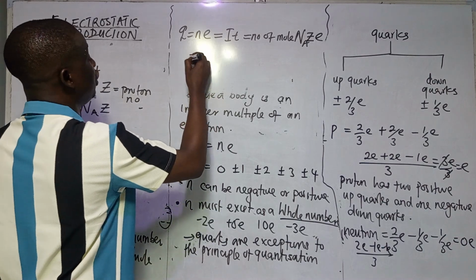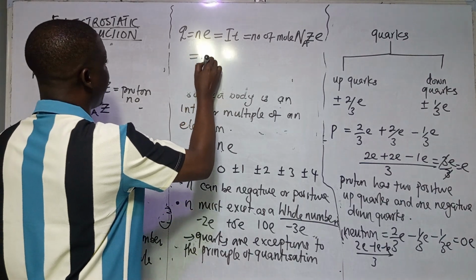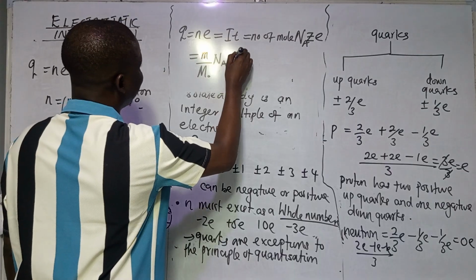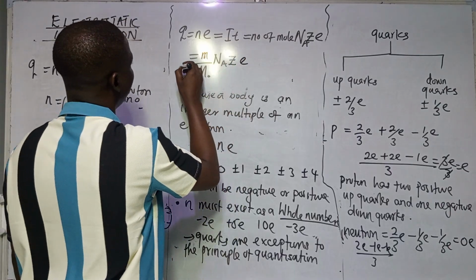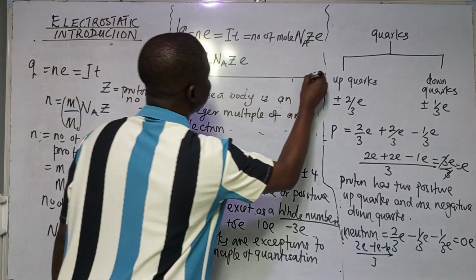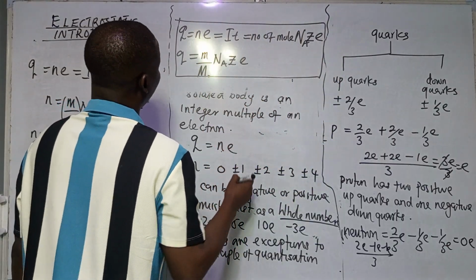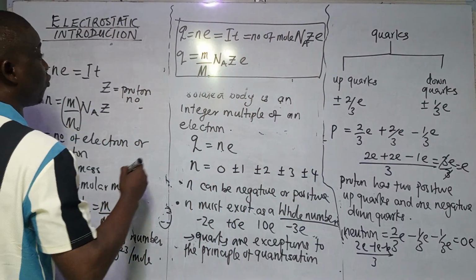It can also be equal to mass over molar mass times Avogadro's number times Z times e. So please take note of that. This is a formula you should not play with in calculating charge using the principle of quantization.